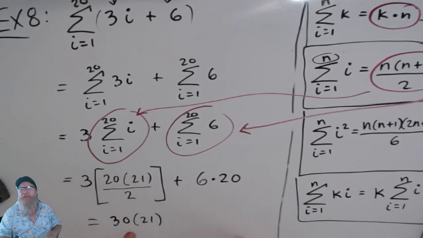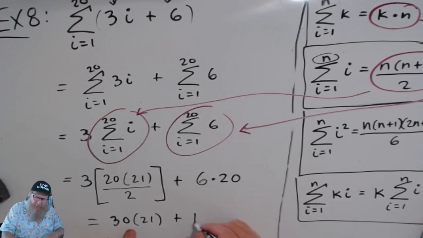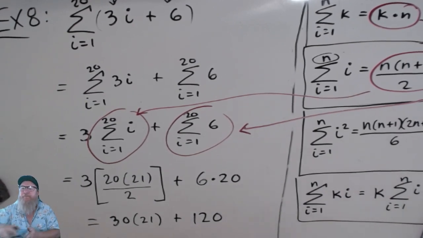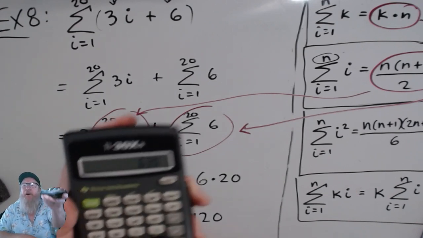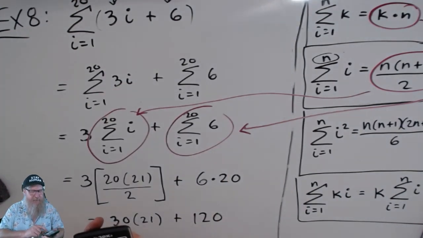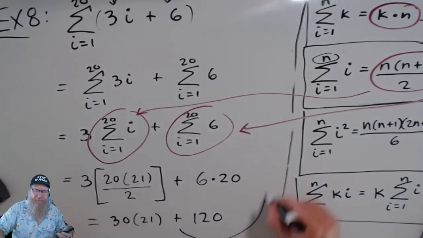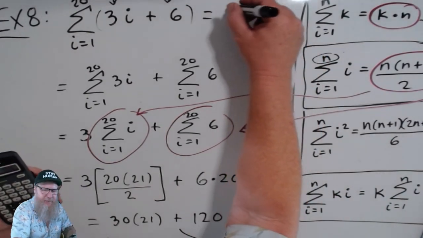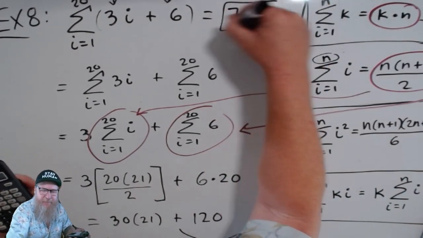I don't really feel like doing that in my head, so that's the only one I'm going to use the calculator for. 6 times 20 is just 120. So I'm trying to minimize the use of the calculator. So 30 times 21 is 630. And then plus 120. And then the final answer is 750.